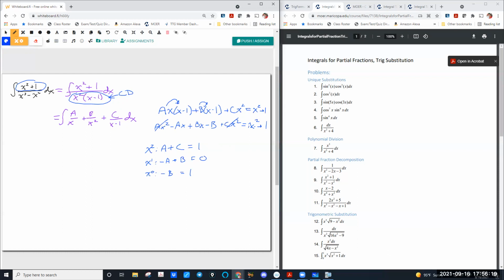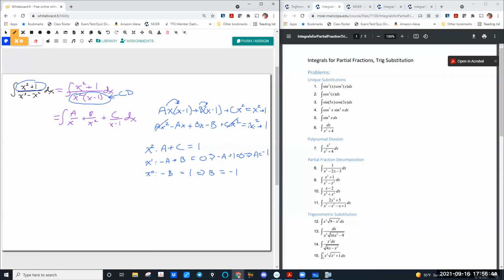We actually already know that right here: B equals negative 1. If B is negative 1, and we plug it into this one, we end up with negative A minus 1 equals 0. So that gives us A equals negative 1.